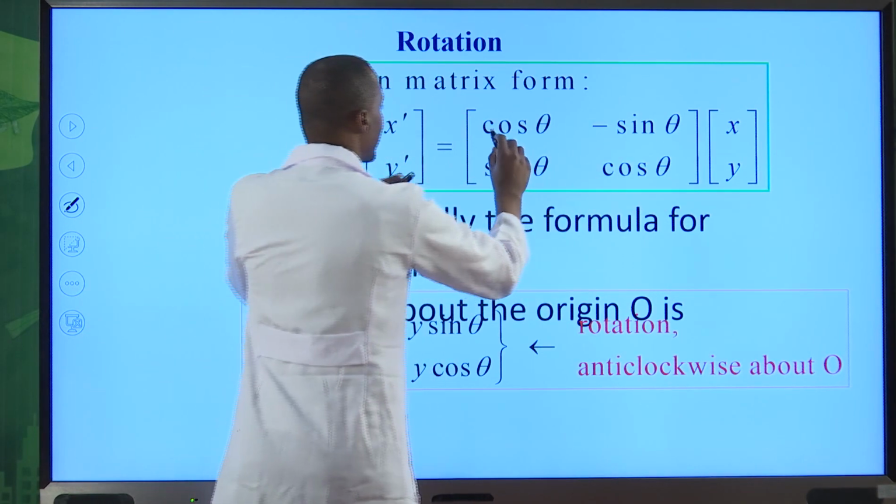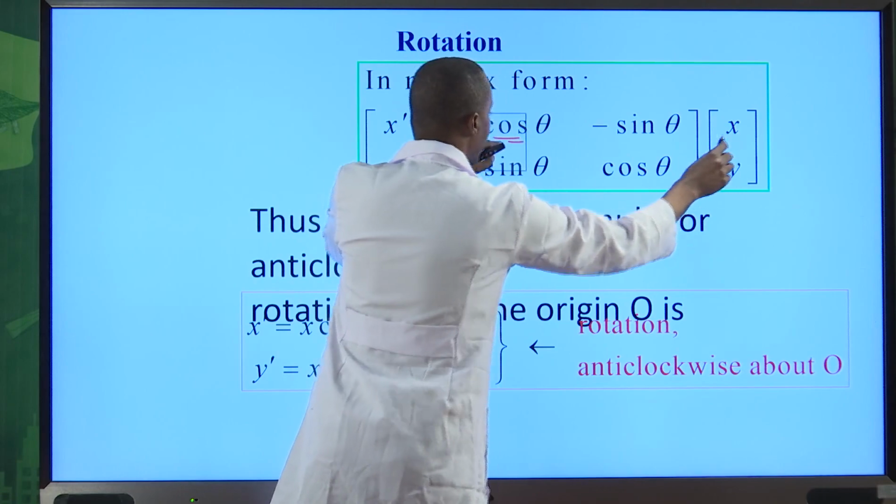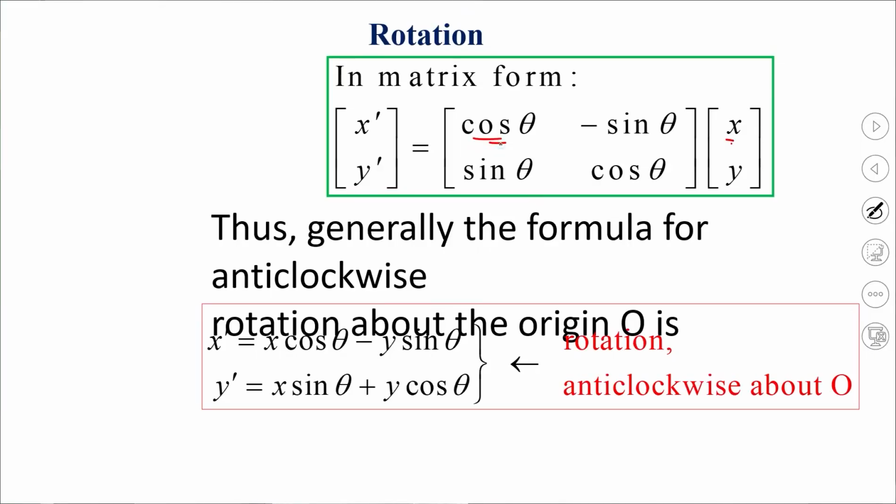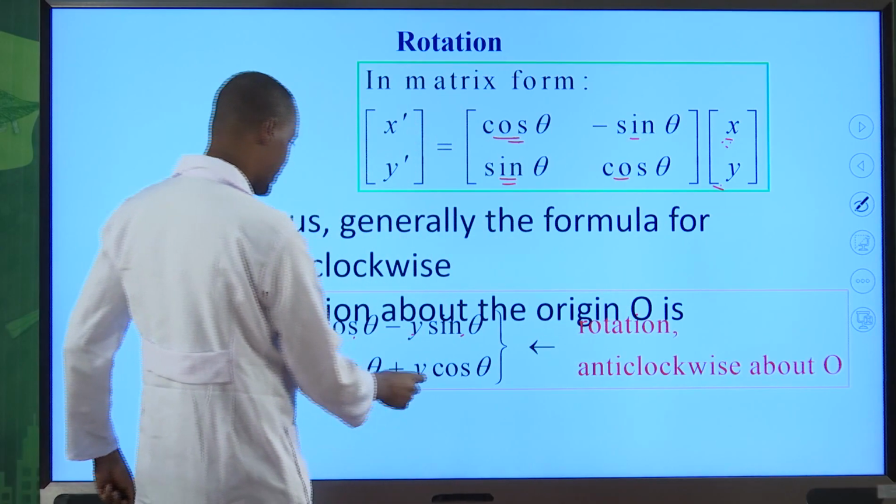You multiply this one by that, this by that, and then you will get x cosine theta. You multiply this one by this, and this one by that. That is minus y sine theta. Again, you multiply this one by this, then you get x sine theta, and the second term by this one, which is y cosine theta.